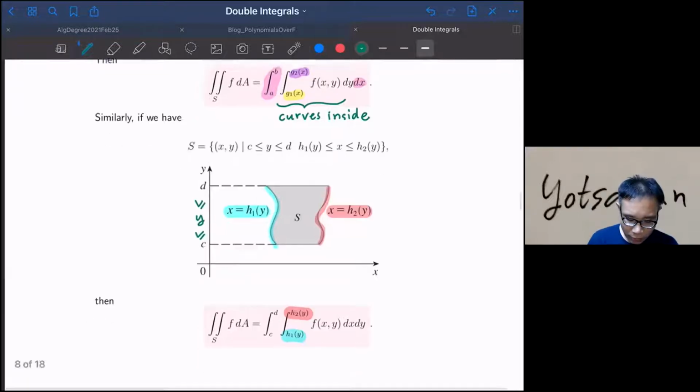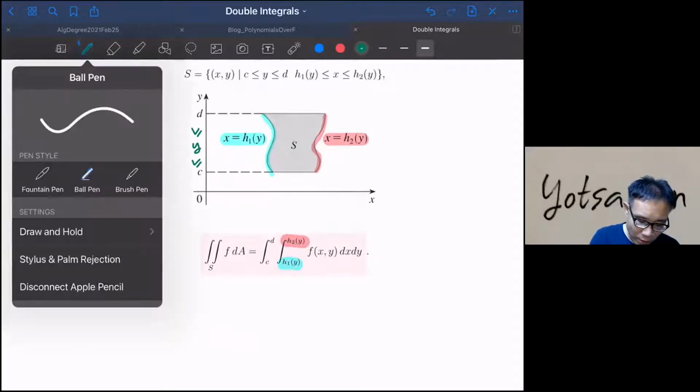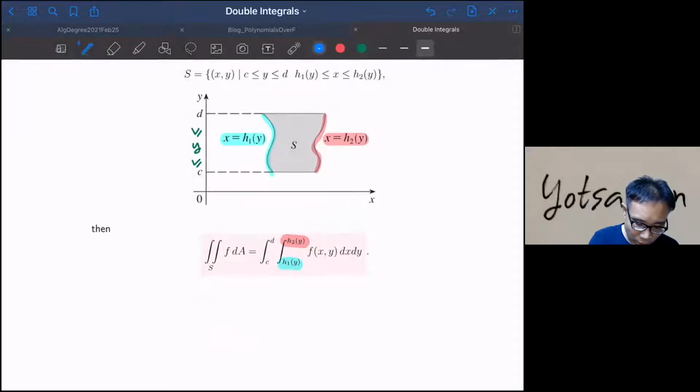So you're going to be able to find the double integral with x between the left side and the right side. This one goes from left to right, from less than to more than, and that is going to give us the correct, positive direction, from left to right.